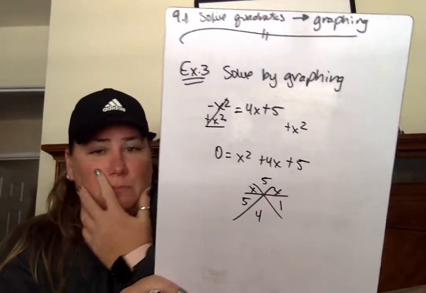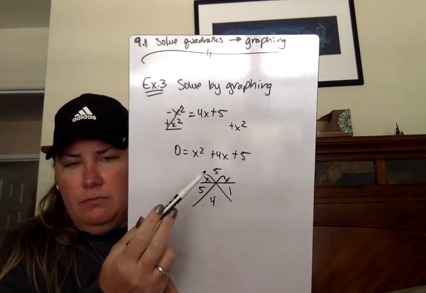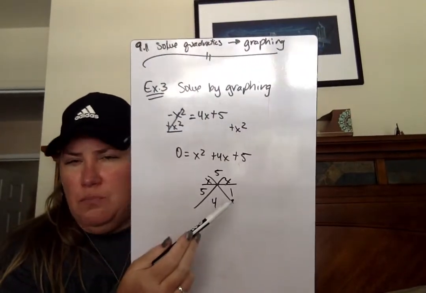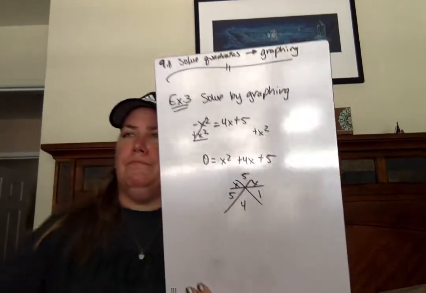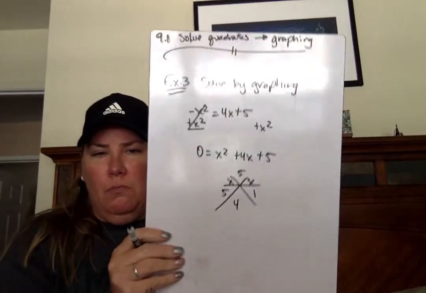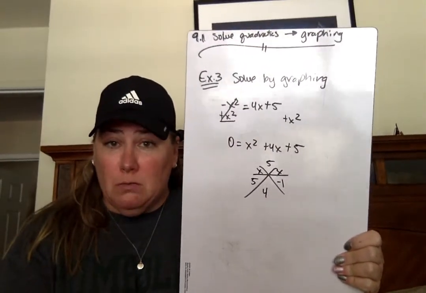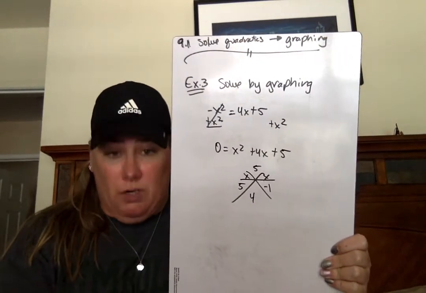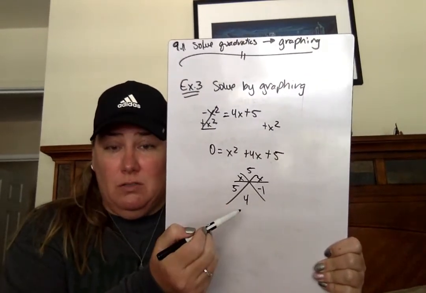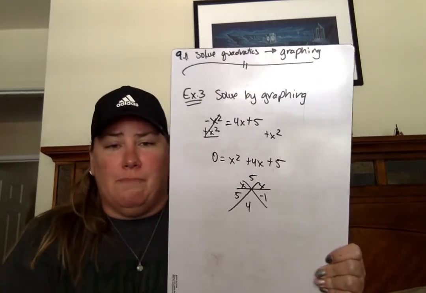Well, 5 times 1 is 5. Cool. 5 plus 1 is 6. That's not 4. In order to make this 4, I could go, ooh, that would work, because 5 minus 1 is 4. But you have to remember, 5 times negative 1 does not equal 5.